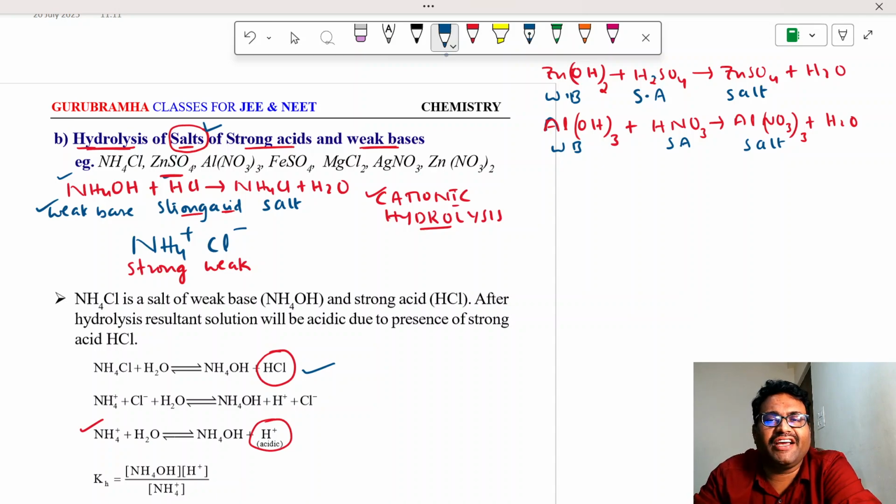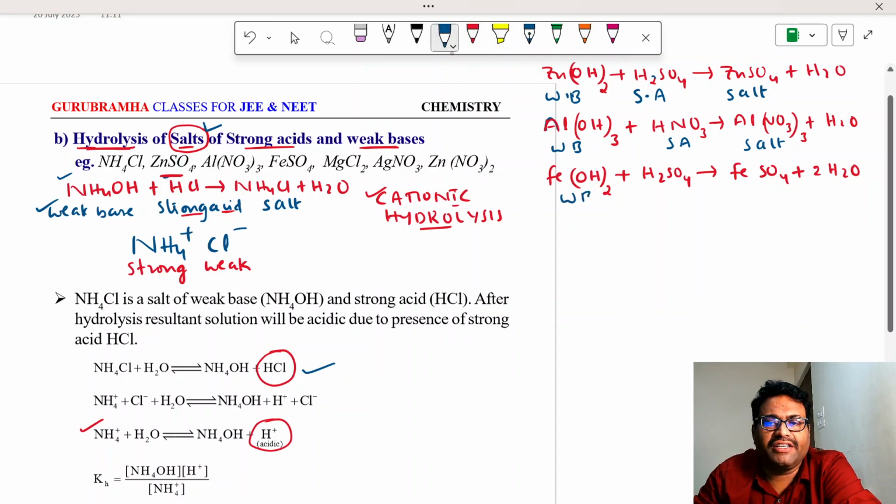Right? In the same way, let us go with FeSO4. Fe(OH)2, when reacted with H2SO4, gives rise to FeSO4 plus 2H2O.